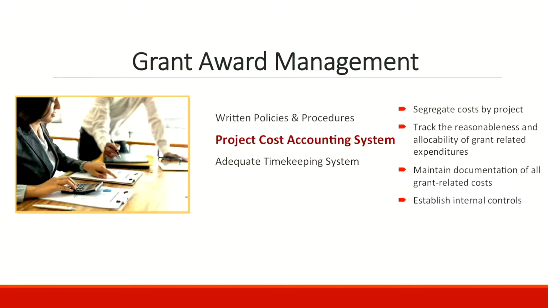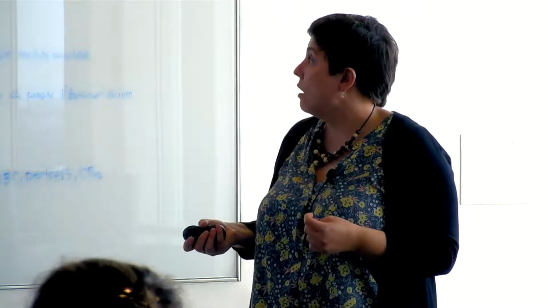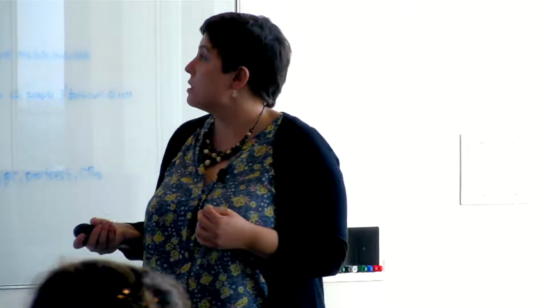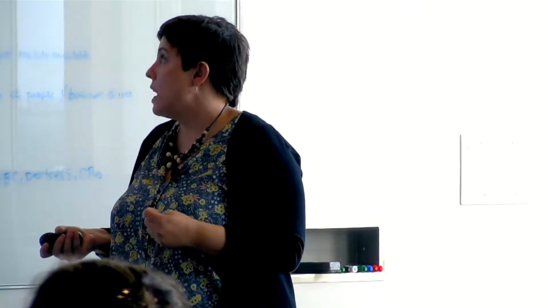These systems allow you to segregate costs by project, which becomes useful when you have different projects. It also allows you to track the reasonableness and allocability of grant-related expenditures, maintain documentation of all your grant-related costs, and establish internal controls.